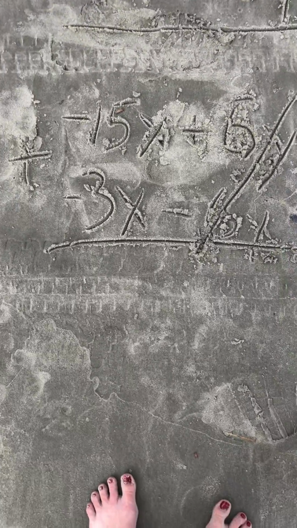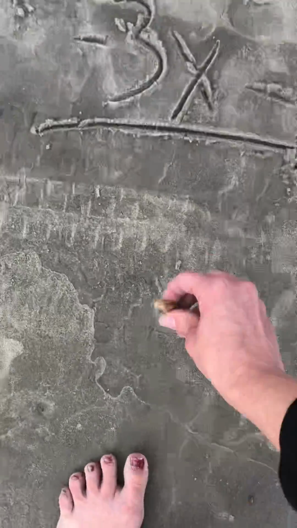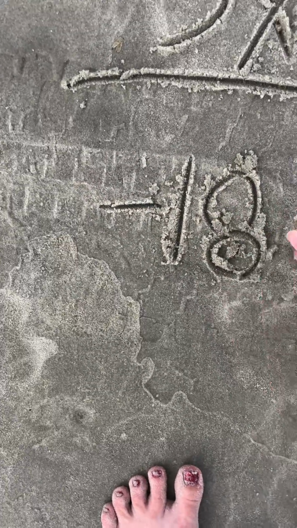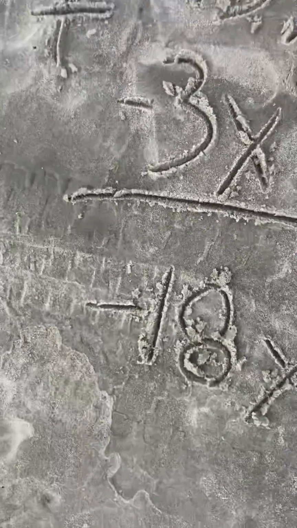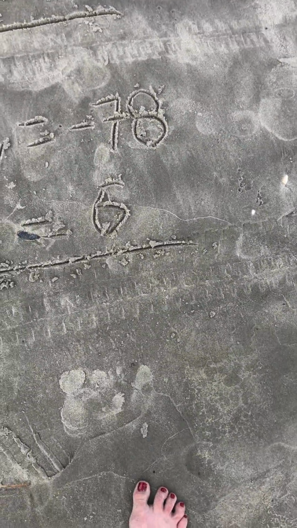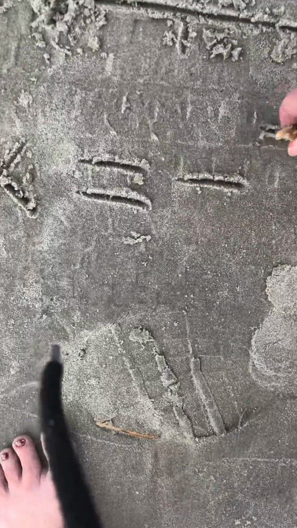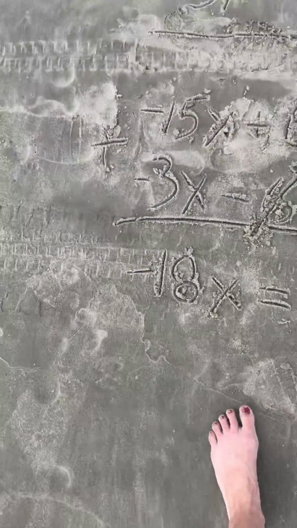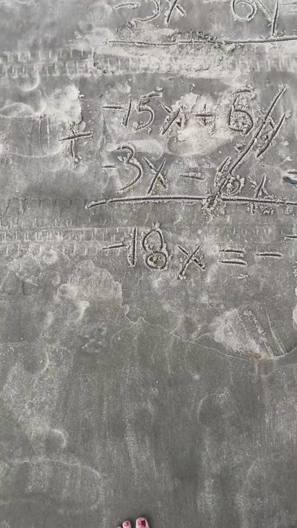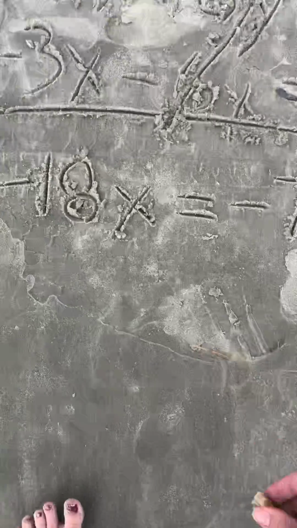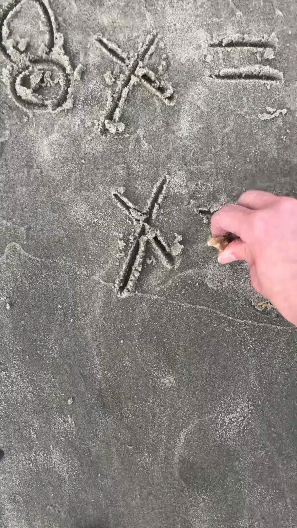So now I have -15x and -3, that's going to make -18x equals -78 plus 6, which is -72. I divide -72 by -18x, and x equals +4.